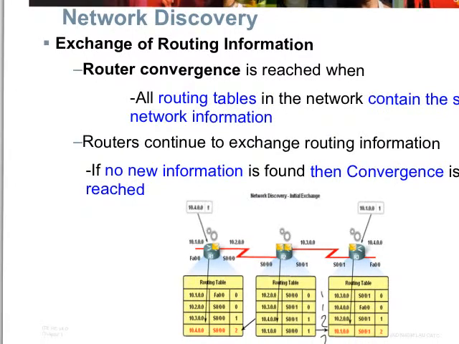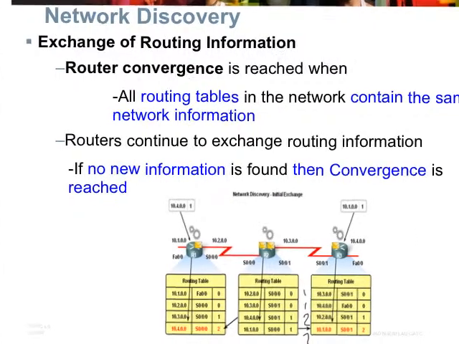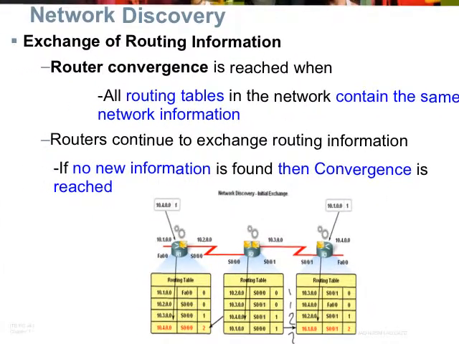So in that case, router convergence is reached when all routing tables contain the exact same network information. And for distance vector routing protocols, routing updates are periodical, right? So reaching the state of convergence does not mean that the route updates will stop.